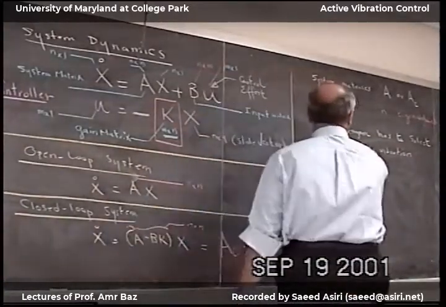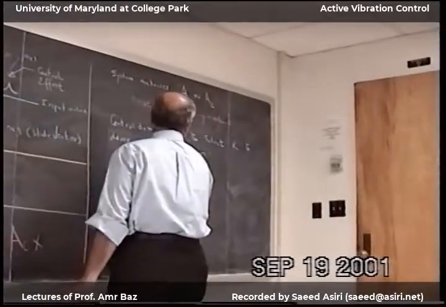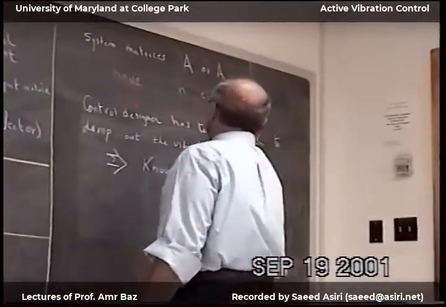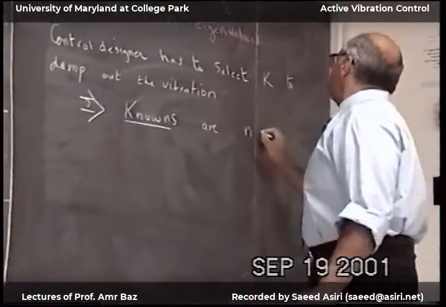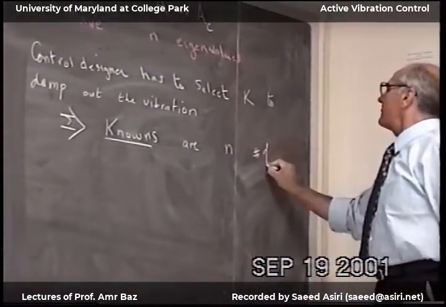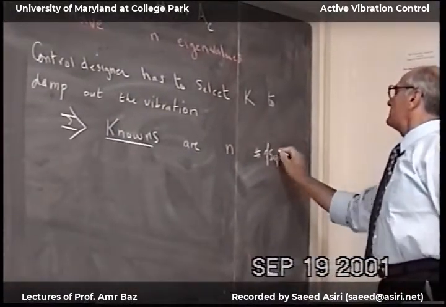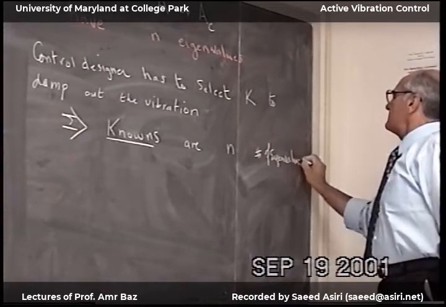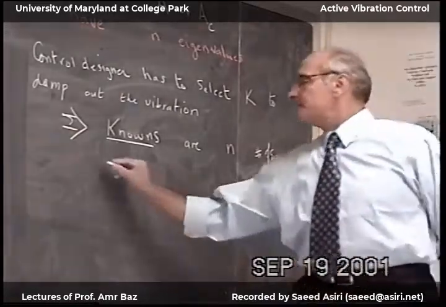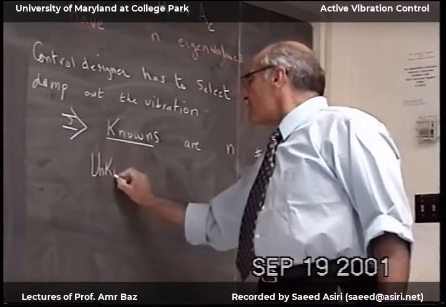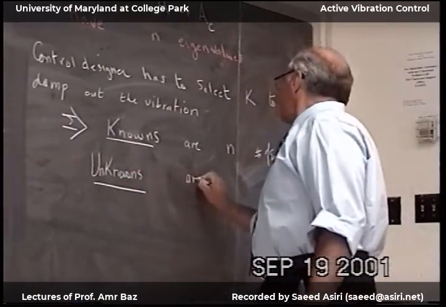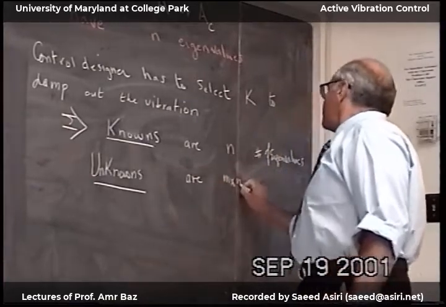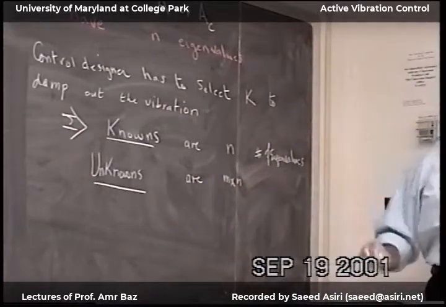The knowns are n, which is the number of eigenvalues. The unknowns are m by n, which are the coefficients of the K matrix.